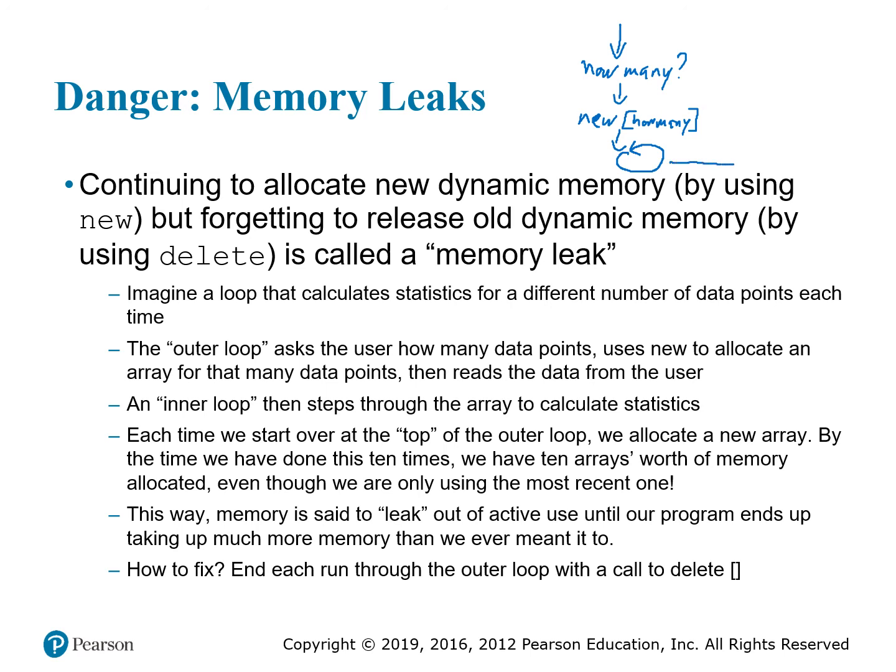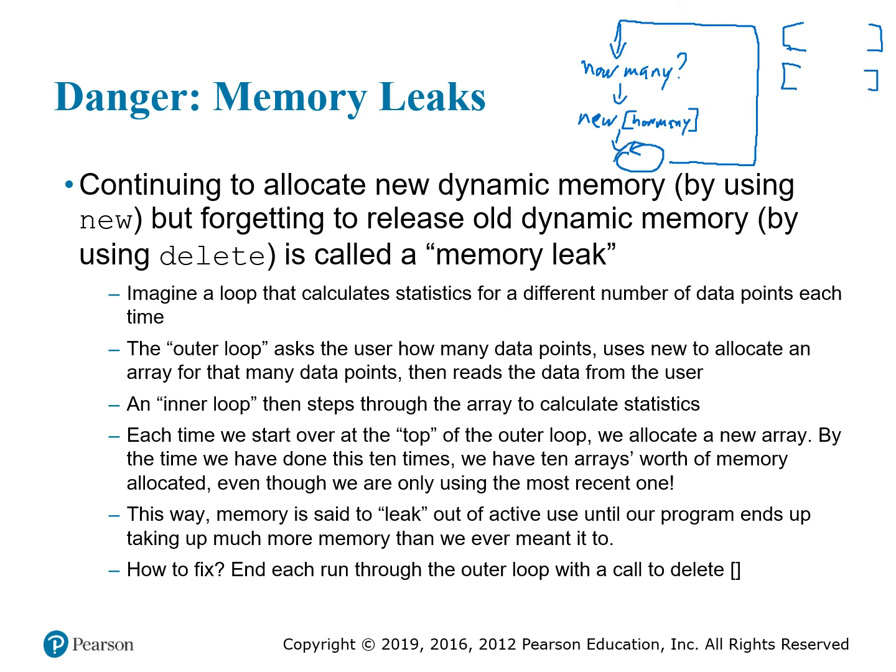Okay, then we cycle back up, start the outer loop again, and we say another new how many. We never got rid of the old one, so the old one gets stacked up here in memory somewhere, and we've just created a new one.